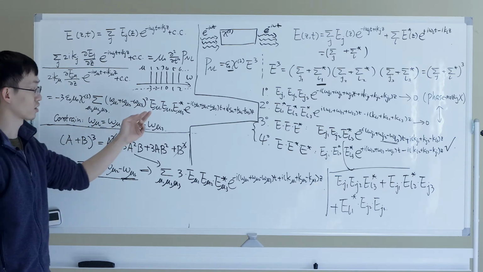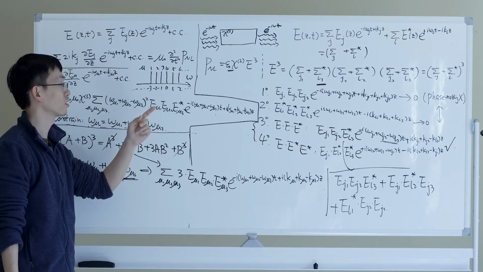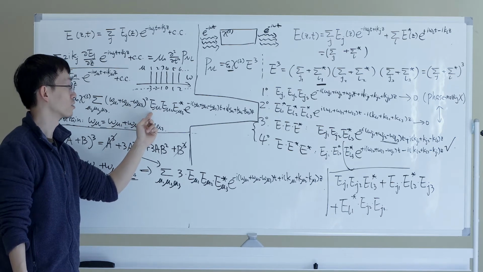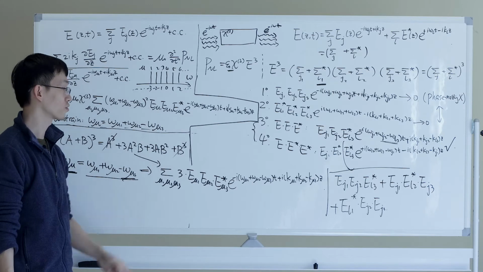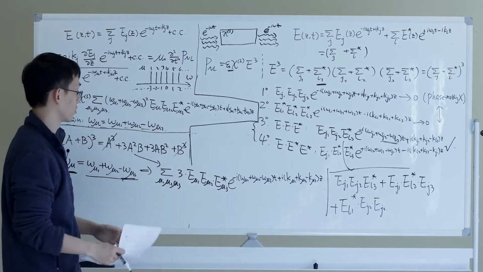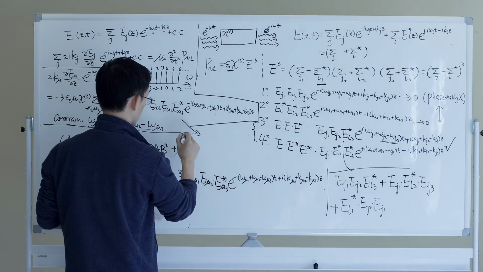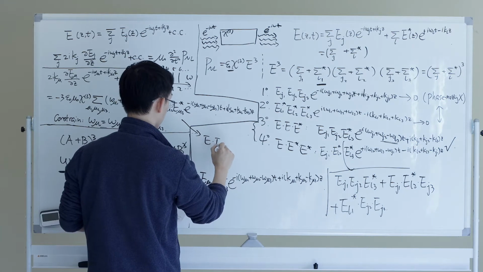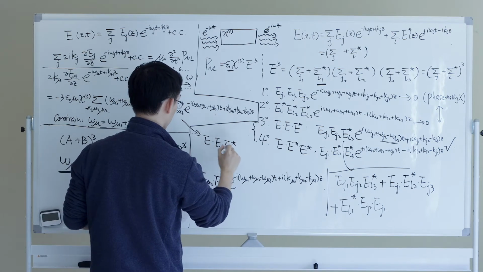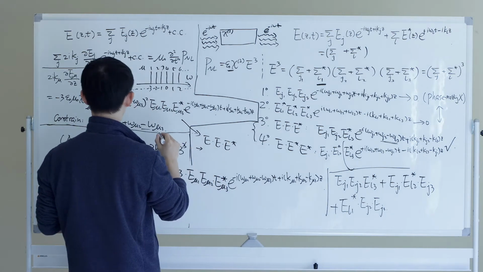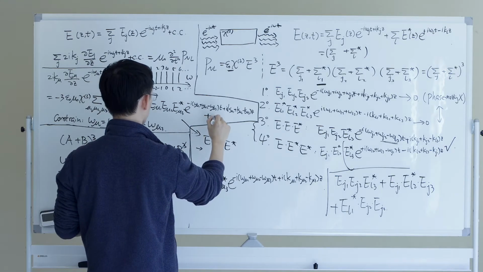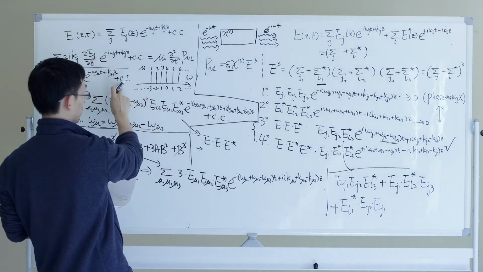Later, in the next class, I will tell you about this. If you do a Fourier transform, this looks very close to E times E times E star, sorry, I forgot the complex conjugate. There's a complex conjugate here.